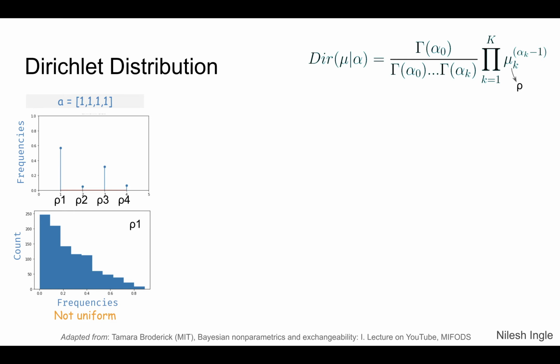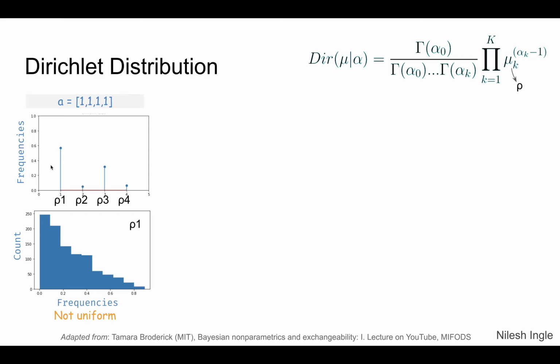Now, to visualize the Dirichlet distribution, on the left hand side in this particular plot, we have 4 classes. So, sorry, 4 clusters. And when we set the value of hyperparameter A or alpha to 1, all of them 1, then we get a discrete distribution such as shown here.